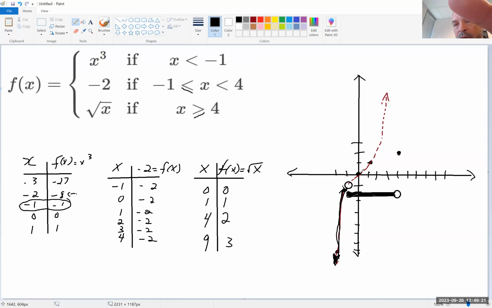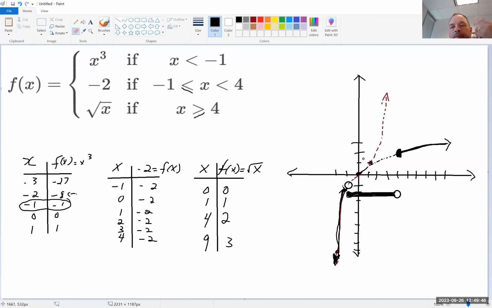So this curve looks like this. Now this is gonna keep going, and over here is where we have the endpoint. So it does have a curve piece, and of course the rest of it is not part of the curve.